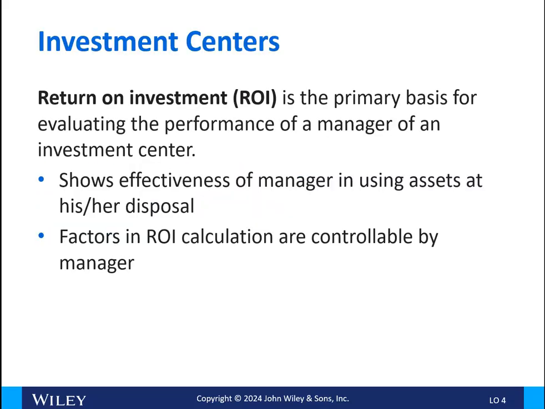Now in an investment center, we're going to use return on investment as the primary basis for evaluating the performance of a manager in an investment center. It shows the effectiveness of a manager in using assets at his or her disposal. Factors in the ROI calculation are controllable by the manager.